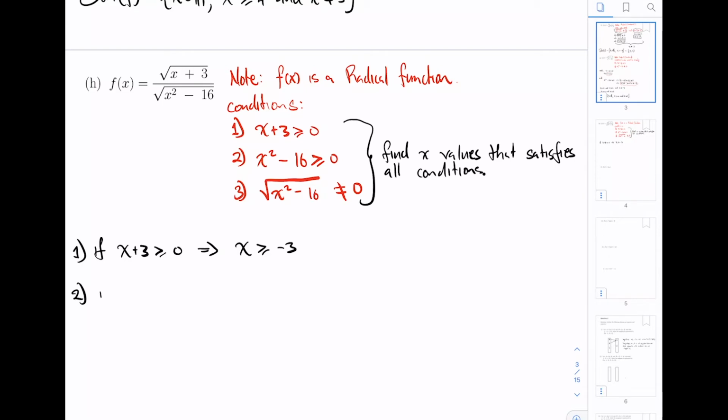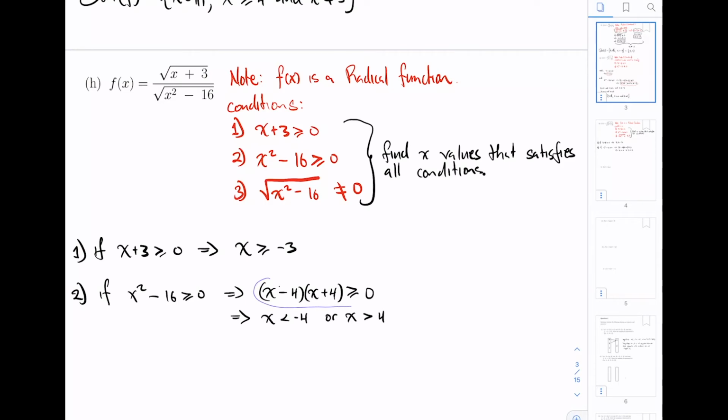For part 2, if x squared minus 16 is greater than or equal to 0, this means that we have x minus 4 times x plus 4 greater than or equal to 0, which now means that x is less than or equal to negative 4 or x is greater than or equal to 4. And that's simply coming from our derivation from before.